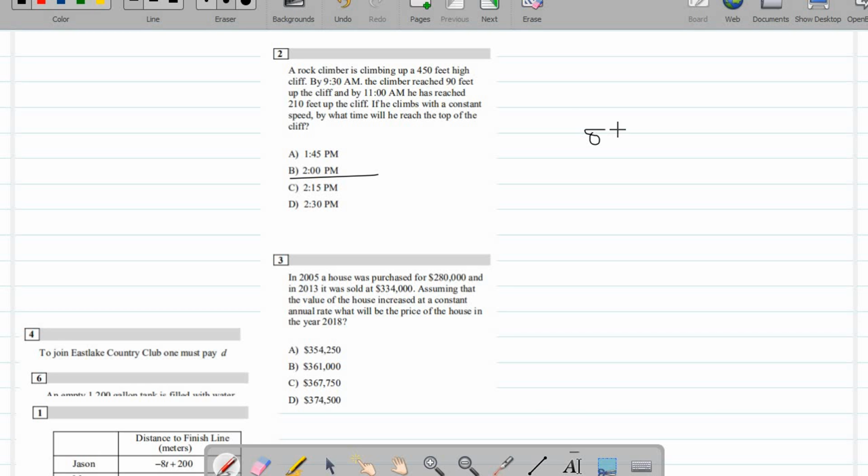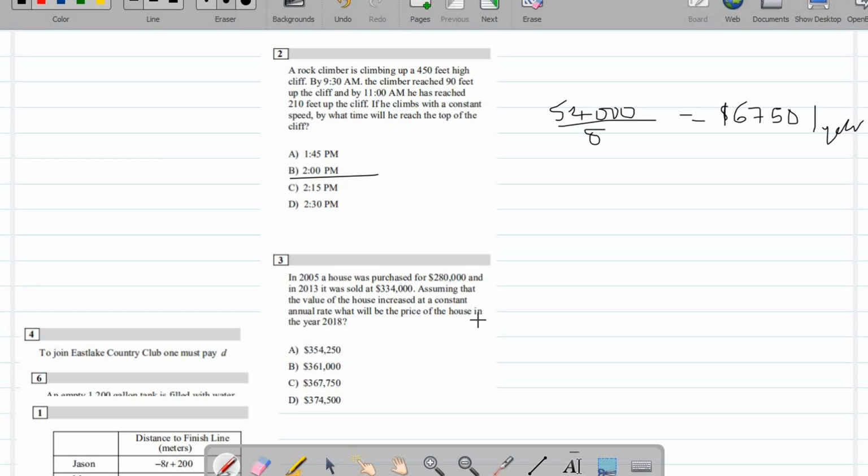So we have 6,750. That's the increment, that's the rate. $6,750 per year. Okay, per year, that's the increase.